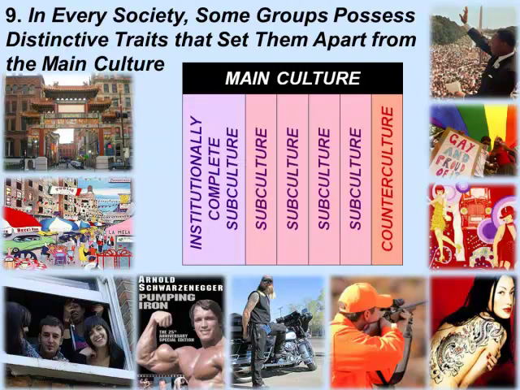And now the last principle, principle number 9. In every society, some groups possess distinctive traits that set them apart from the main culture. While Americans share their unique American culture and have a lot in common, they also have differences. There are multiple subcultures in our society.